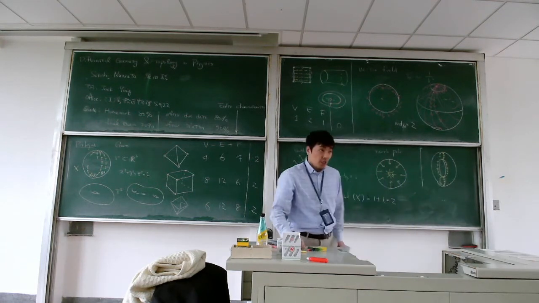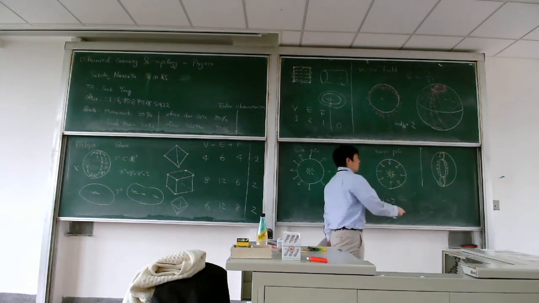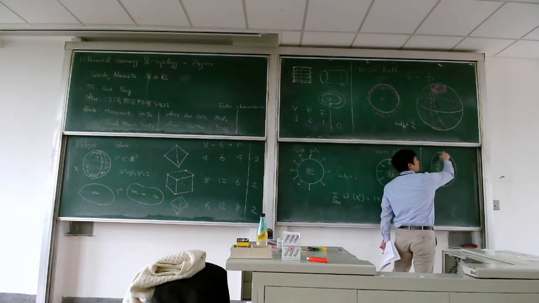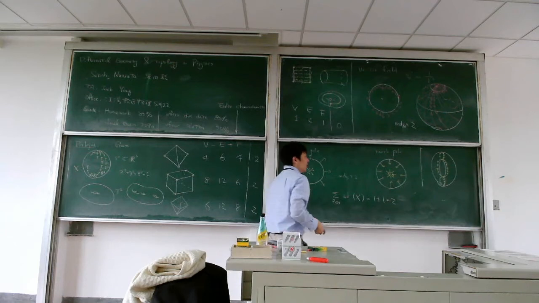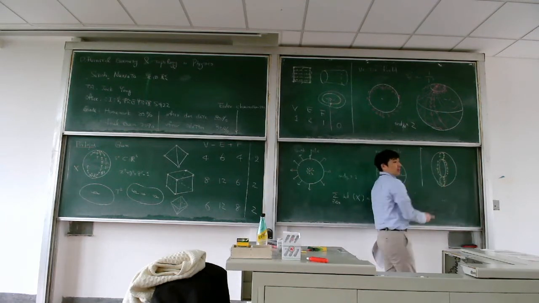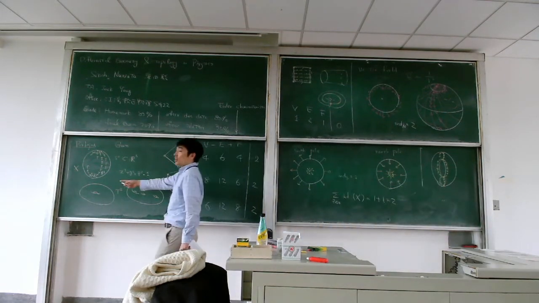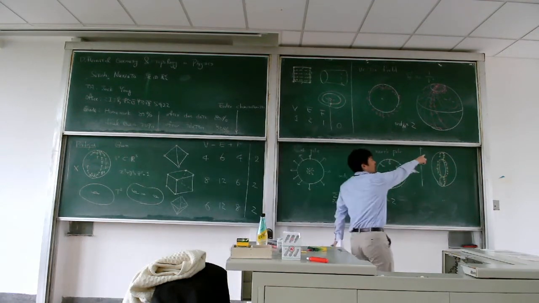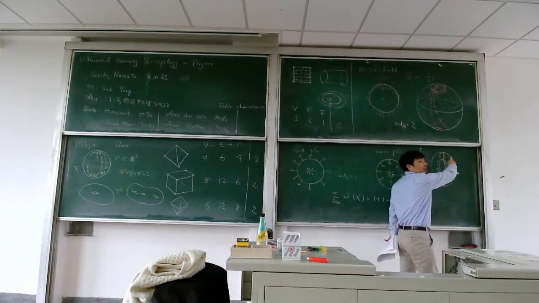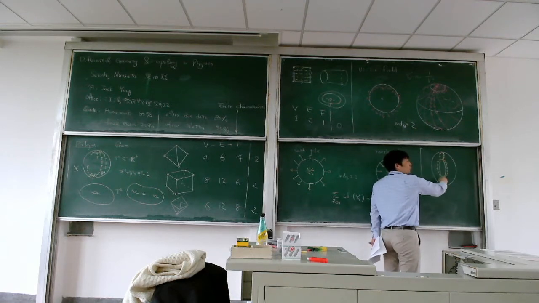So there are in total 4 critical points. This point, and this point, this point, and this point. Okay? And then around this point is the same as here. At the upper point is also the same as here. But let's look at these 2 points.